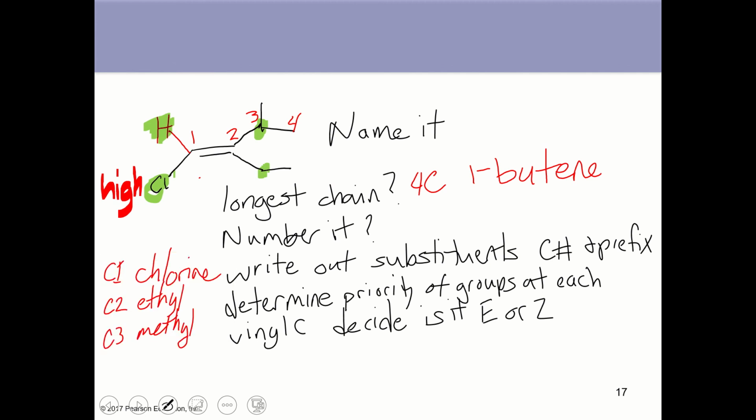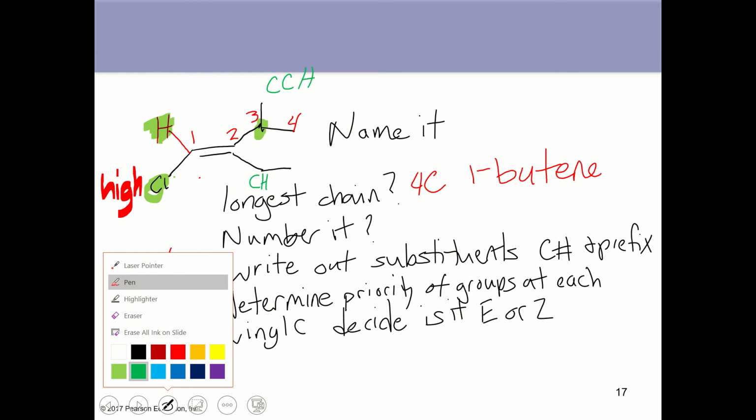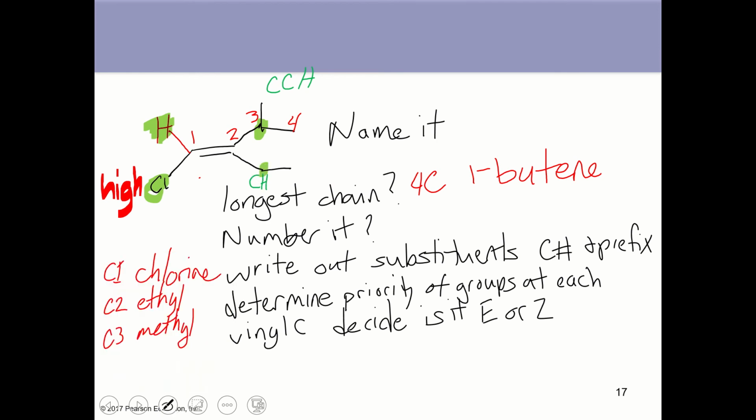So this green carbon is bonded to carbon, carbon, and hydrogen, and the carbon below it is bonded to carbon and 2 hydrogens. Okay, so in that case we have a difference.